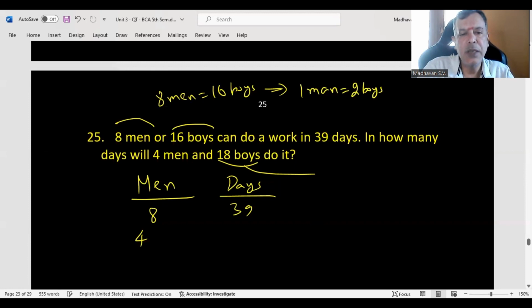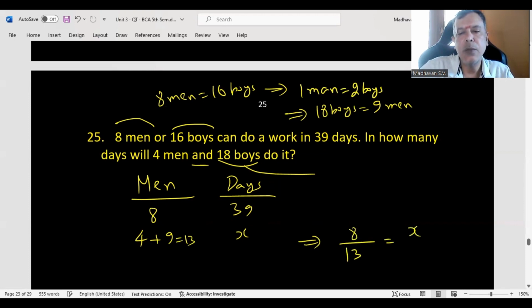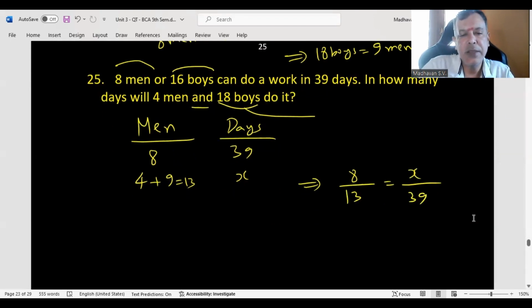On that logic, 18 boys we can convert into 9 men. On that basis, we will add 9 here because they gave 4 men and how many days is given. So this is 13.